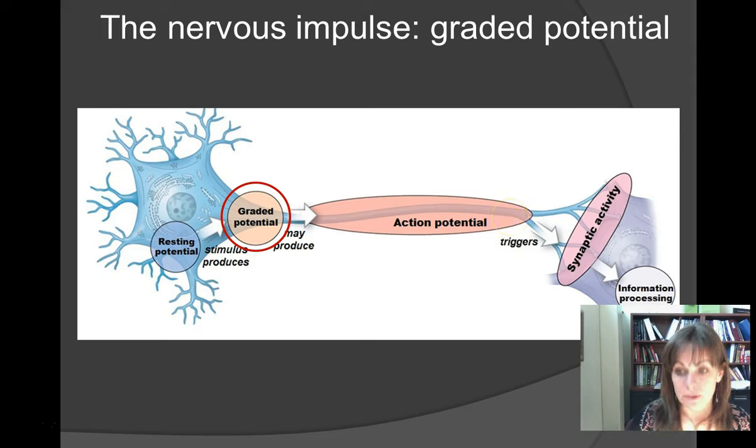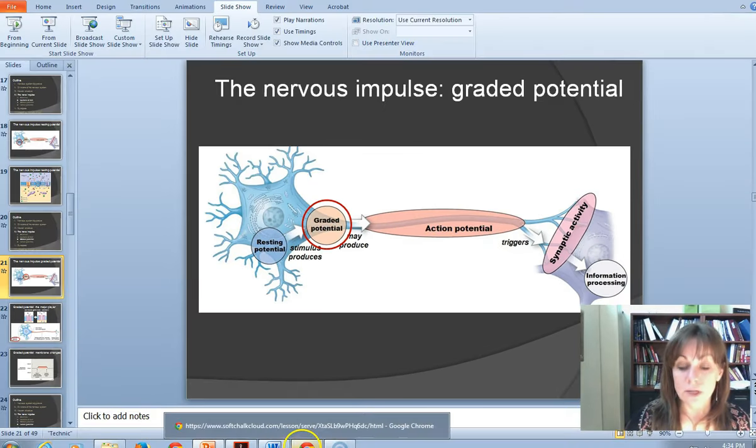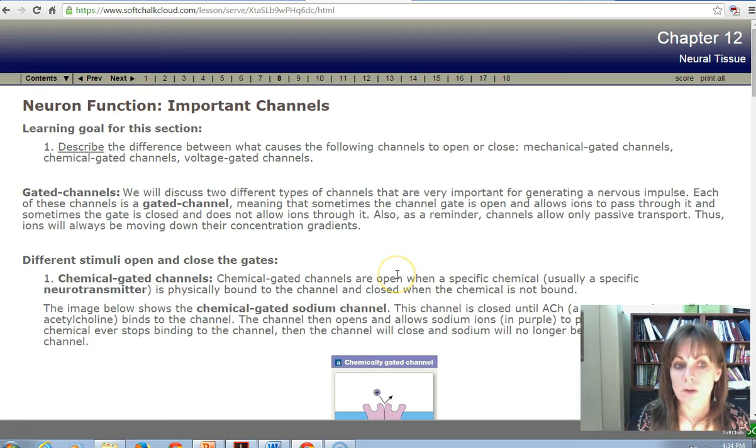Membrane channels are going to be very, very important in these processes. So what I'd like to do is talk briefly about these different types of channels, how they work, and then put them in the context of either a graded potential or an action potential.